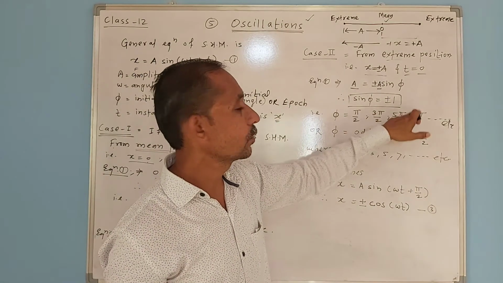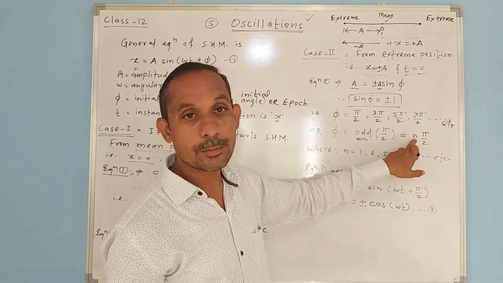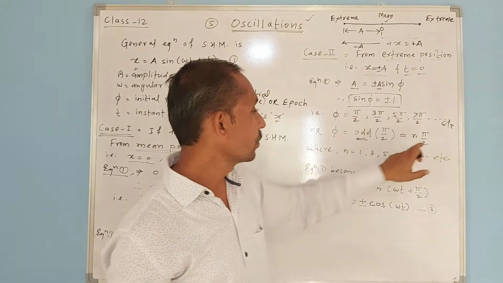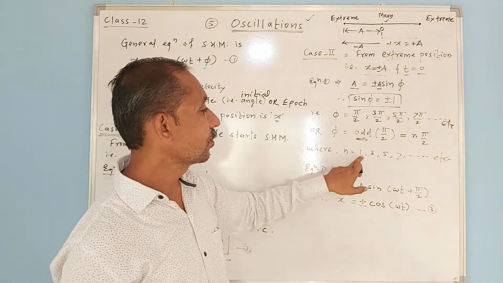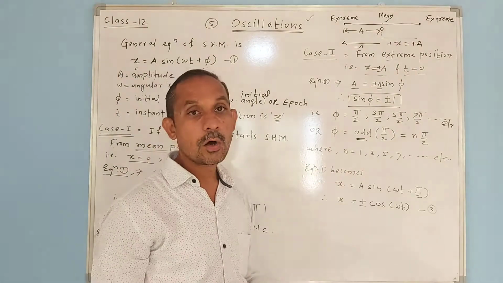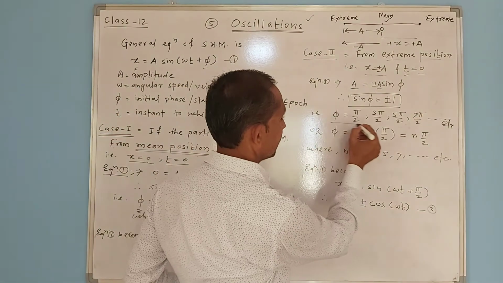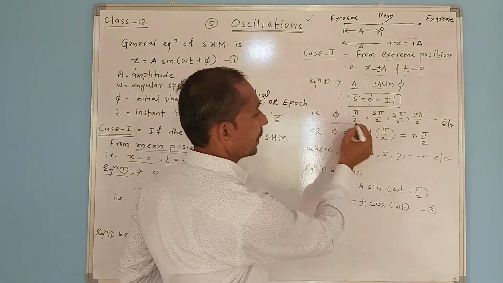Odd number is indicated by n, times pi by 2, where n is equal to 1, 3, 5, 7. These are the odd numbers. Now select the first value, phi is equal to pi by 2.